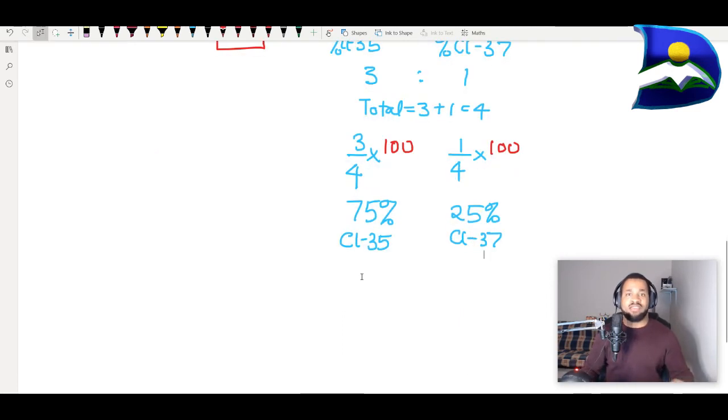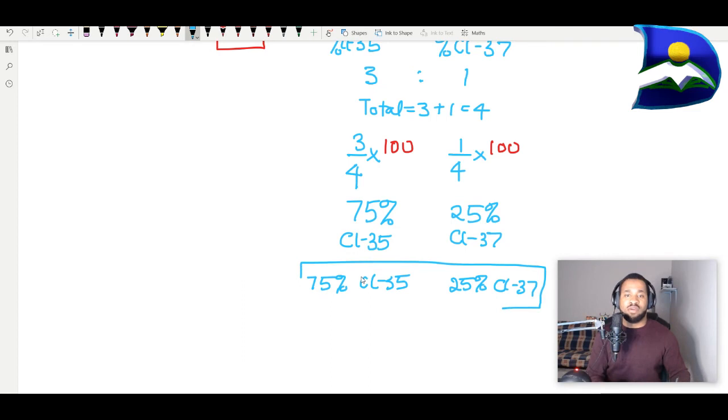Once you have your percent, you are able to go from ratio to percent, and then from percent to the specific amount. What we have to do in this case is, since we know that out of 100 samples, 75% are chlorine 35 and 25% are chlorine 37, get the average of these numbers.